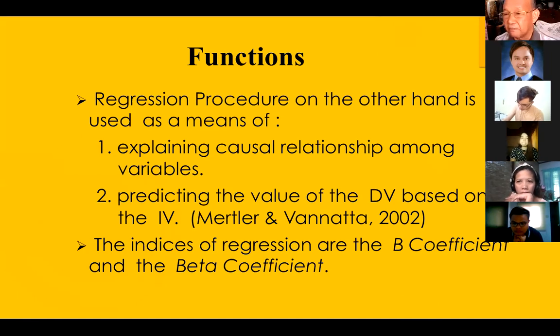I repeat, the B coefficient tells us what happens to Y for every unit increase or decrease in X. The beta coefficient is the standardized coefficient, and it explains which of the significant factors can be considered the best predictor, which can be considered second best, third best. You can rank them. The rule: the higher the beta, the higher the effect.